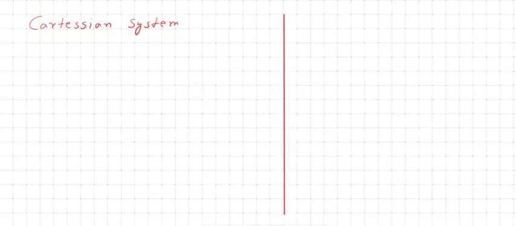We are starting coordinate geometry, in which the first topic is the Cartesian system. Beta, what is the Cartesian system? In the Cartesian system, there are two straight lines.